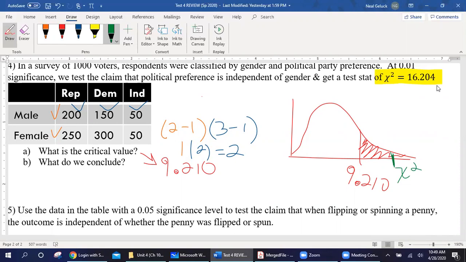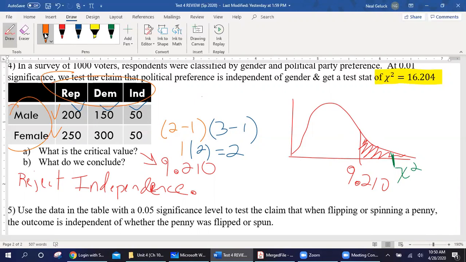Remember, the null is that the variables are independent. So I am rejecting independence, which basically is saying that it appears that political party preference does depend on gender. So there does seem to be a relationship between them.